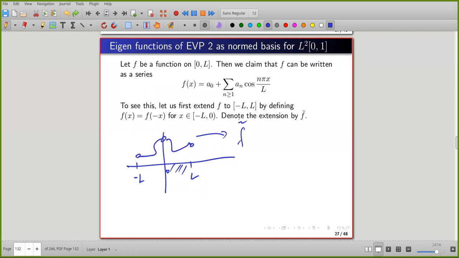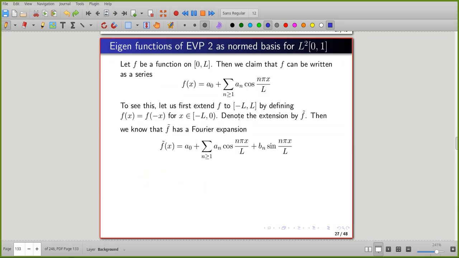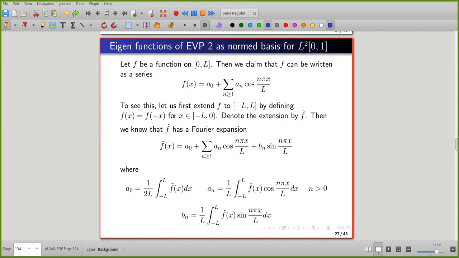So f tilde is defined on minus L comma L. Now f tilde has a Fourier expansion where these are the definitions of the coefficients. The same thing applies, so this time we need to show that all the bn's are 0. That's clear because f tilde is extended as an even function and sine is odd. So this function is odd and we are integrating from minus L to L, which means that bn is 0.